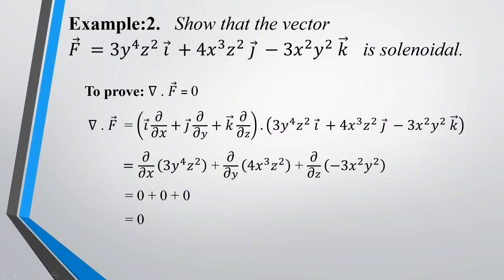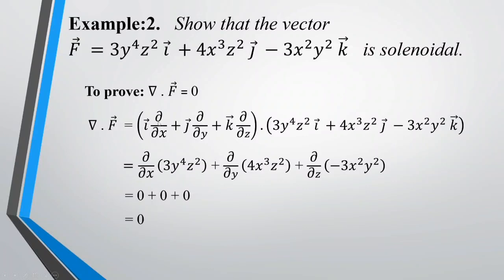So when we take the dot product, i dot i is 1, j dot j is 1, k dot k also gives us 1, but i vector dot j vector is 0, i vector dot k vector is 0, j vector dot i vector will give 0, and j vector dot k vector is 0 likewise. Now when we take the dot product, I already told you i vector dot i vector gives 1.